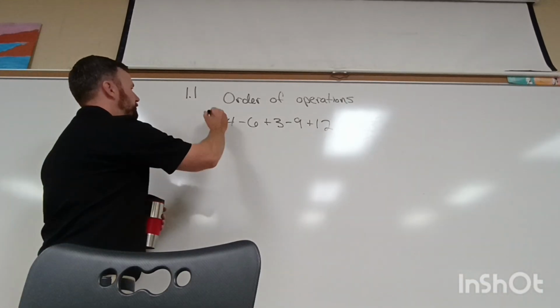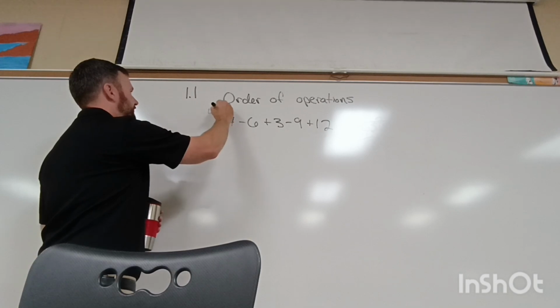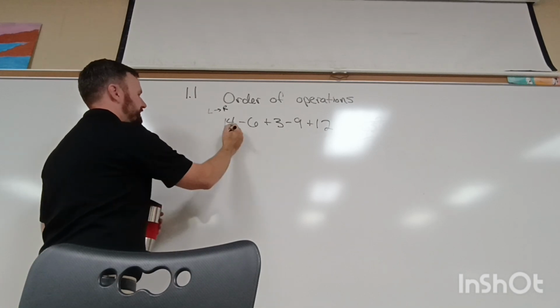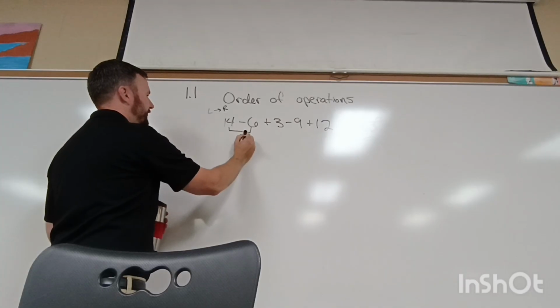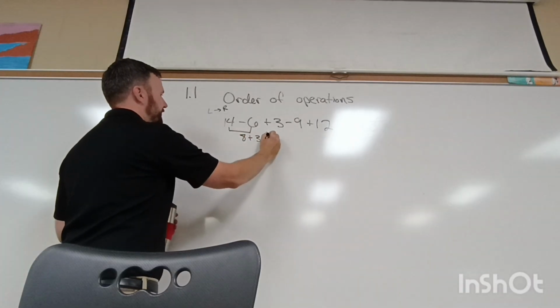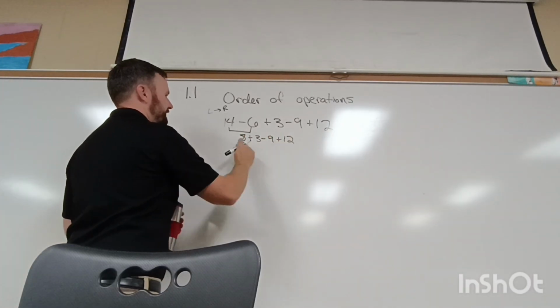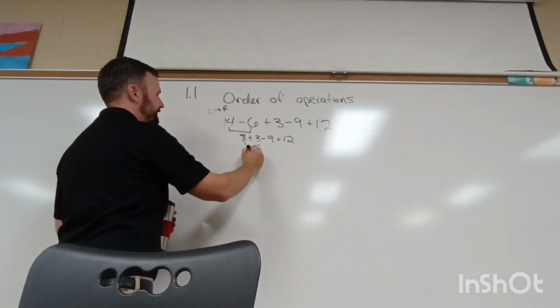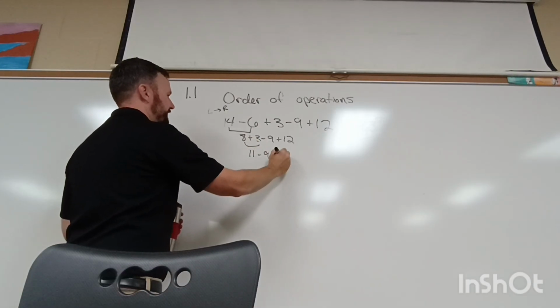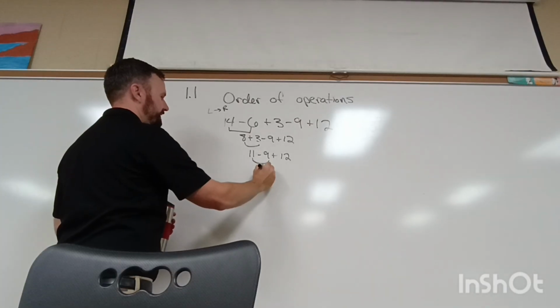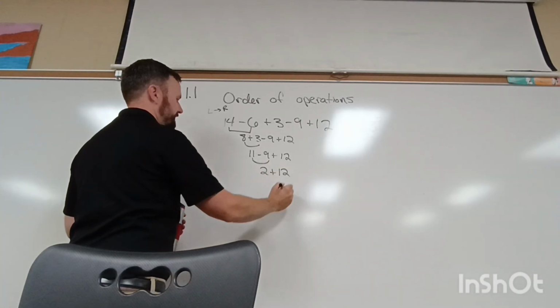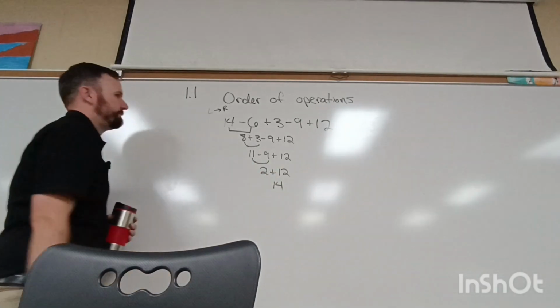So I'm going to read this like a book, left to right, and just start going through. 14 minus 6 is 8. 8 plus 3 is, you don't have to show all these steps. I'm just showing you my left to right prowess. 14.